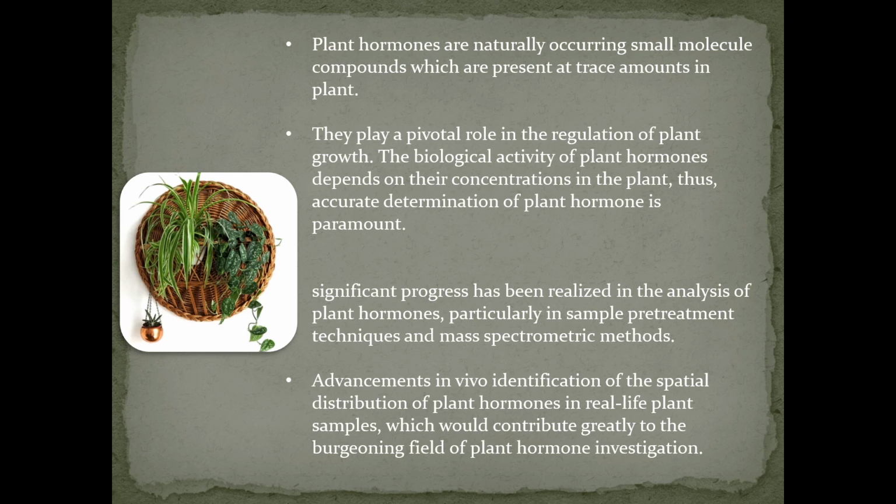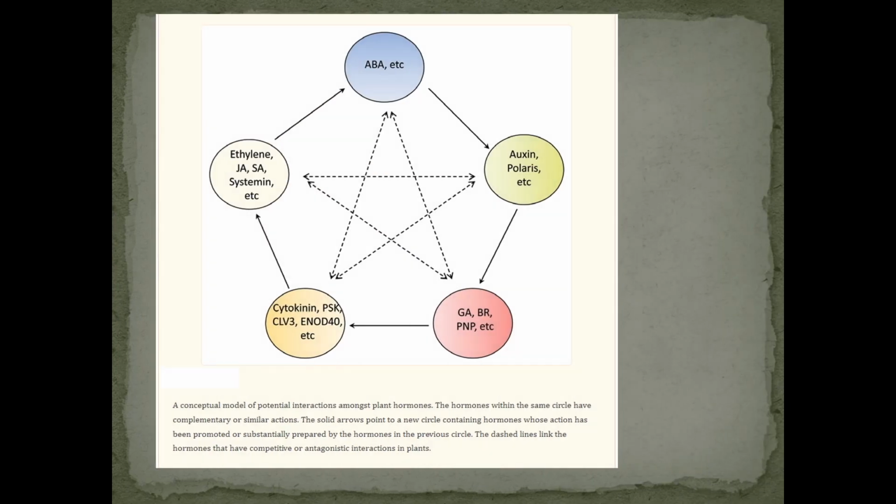Auxin at some concentrations has no effect on the growth of root cells. The five different growth hormones are abscisic acid, auxin, gibberellic acid, cytokinin and ethylene. At higher concentrations, auxin inhibits cell elongation growth in roots.